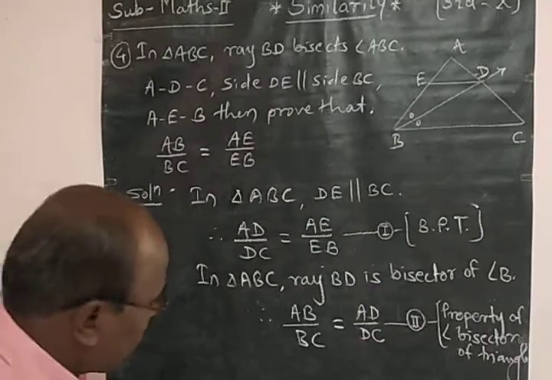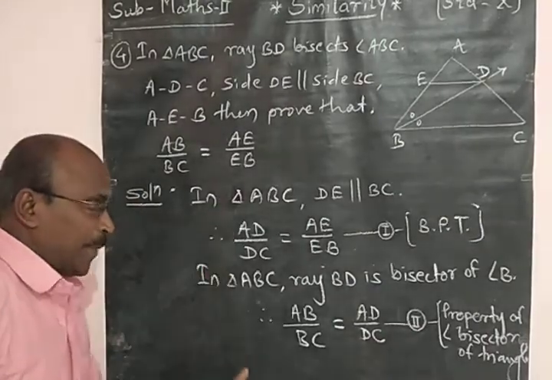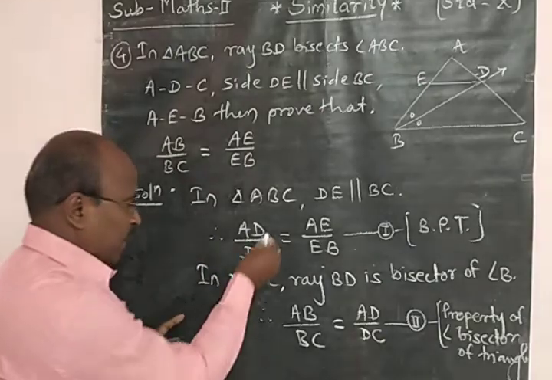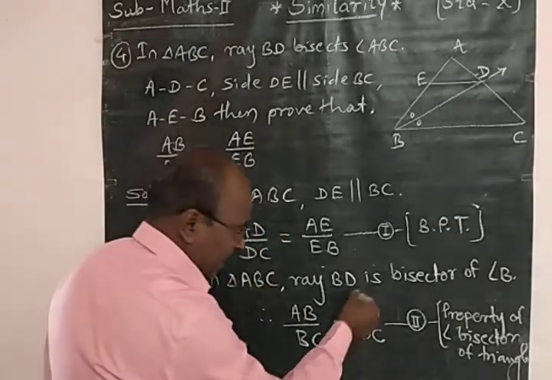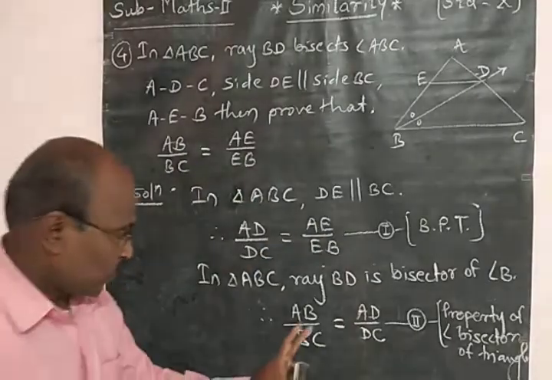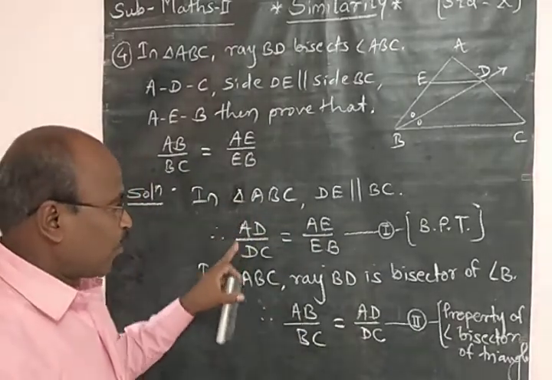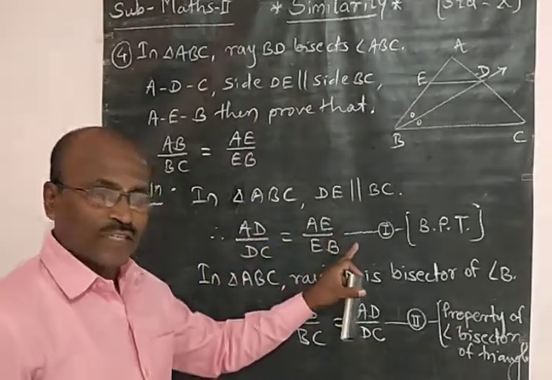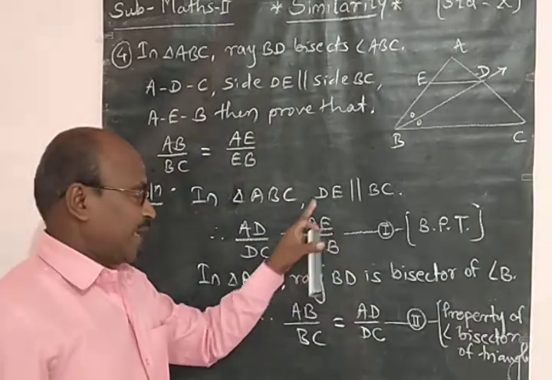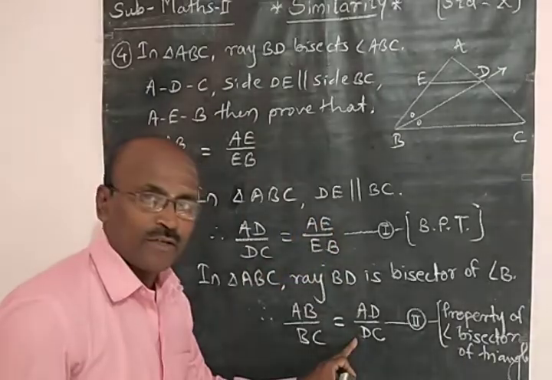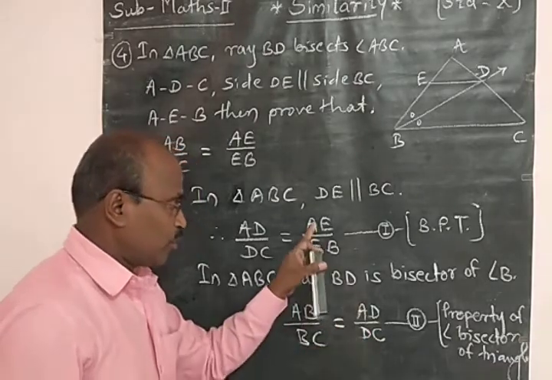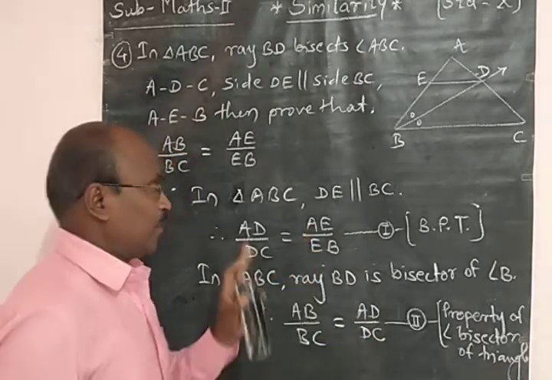Now look at these two statements. In both the statements, one ratio is common, that means AD upon DC. The value of AD upon DC is AE upon EB in the first statement. So put this value of AD upon DC from the first statement, AE upon EB, in the second statement. Instead of AD upon DC you can put the value AE upon EB.